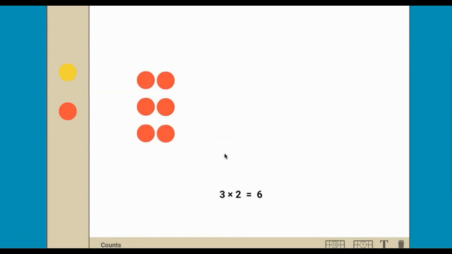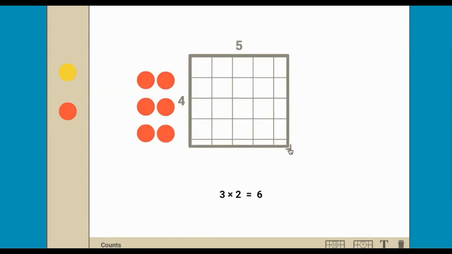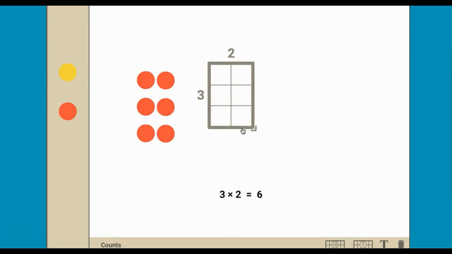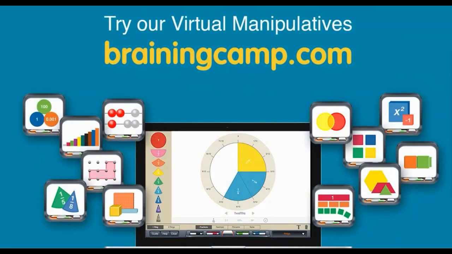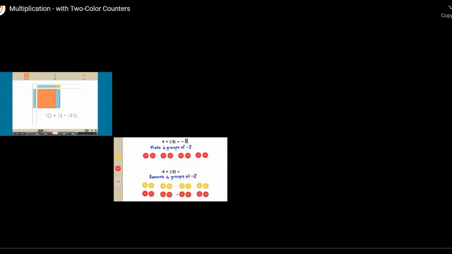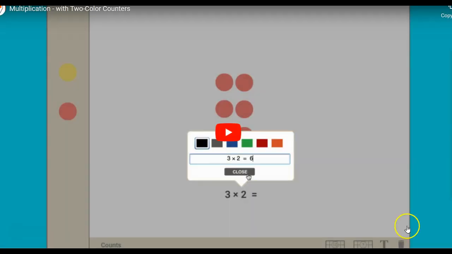Multiplying 3 times 2 can also be thought of as making 3 rows of 2. Again, there are 6 in total, so 3 times 2 equals 6.